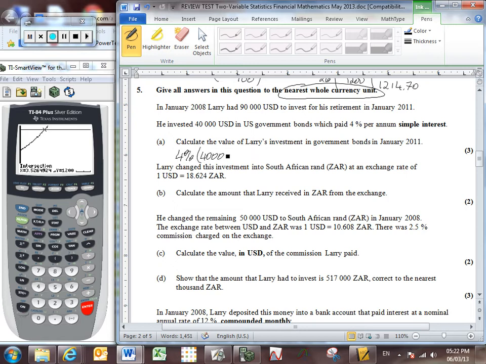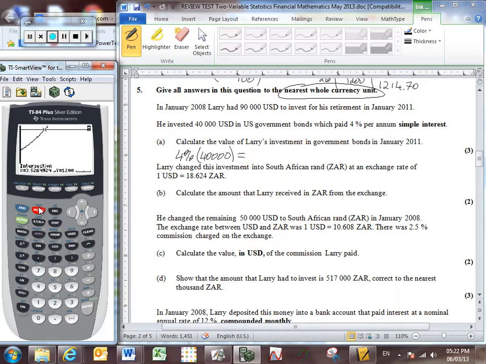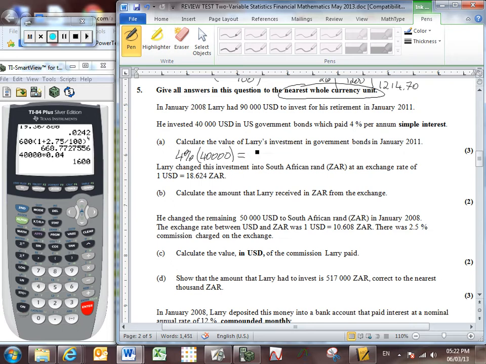Just for your interest, simple interest occurs when you've got 4% of the 40,000 in this case. If we do 40,000 times 0.04, we get 1,600. Simple interest means that we get that amount each year. And if 3 years have passed, well then that's going to be 4,800, right?